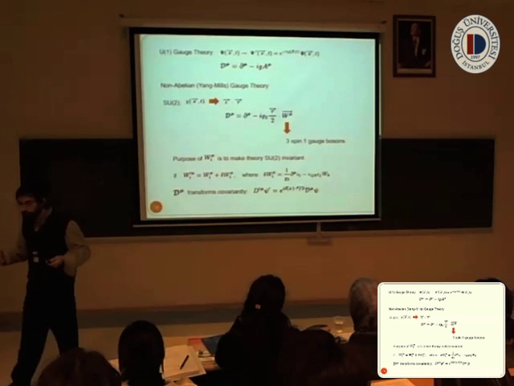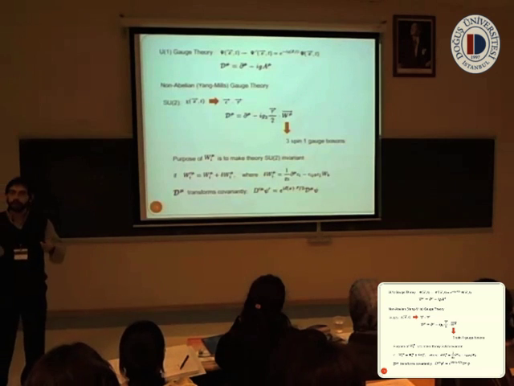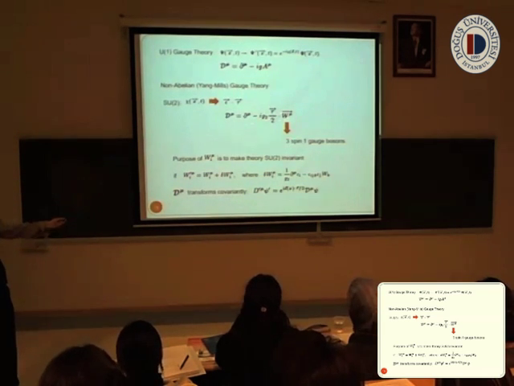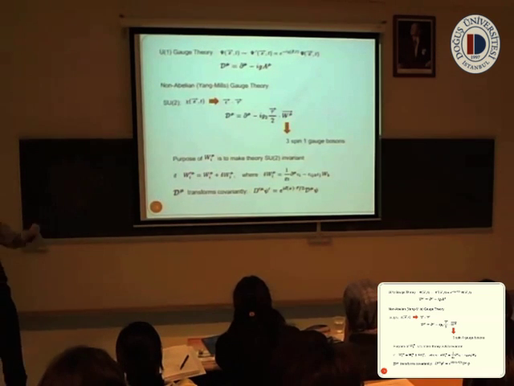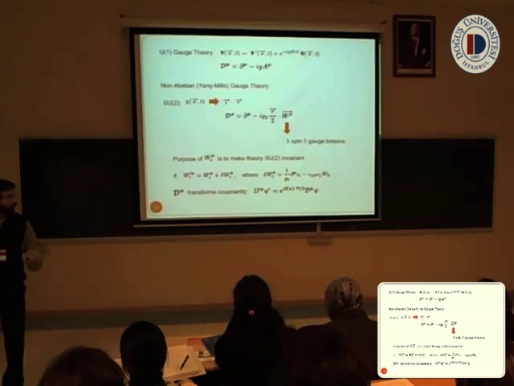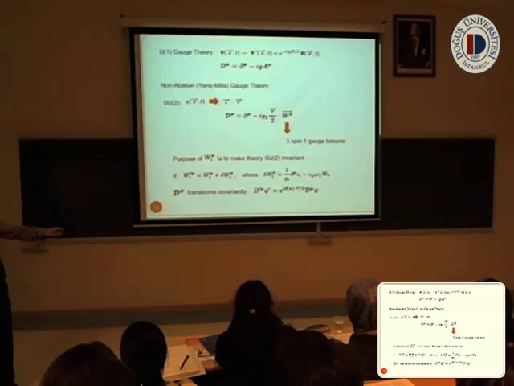This comes from imposing gauge invariance on the theory. Right? You add these terms to the derivative to make the theory gauge invariant. Then you should calculate how these gauge bosons should transform under the gauge transformation to keep the theory invariant. Right? And I will not do it here. I will just state the result.